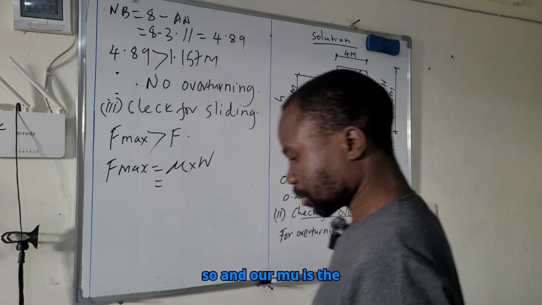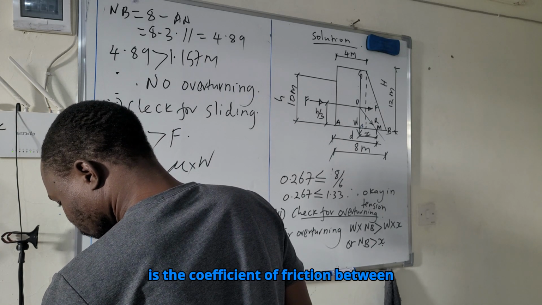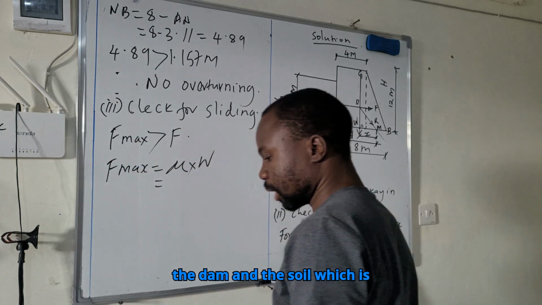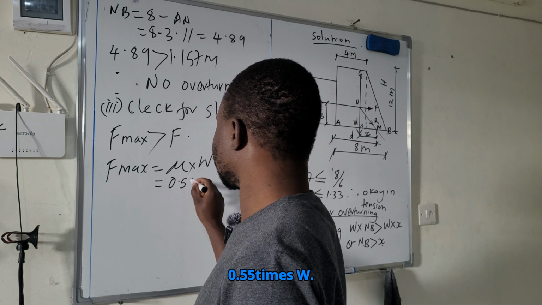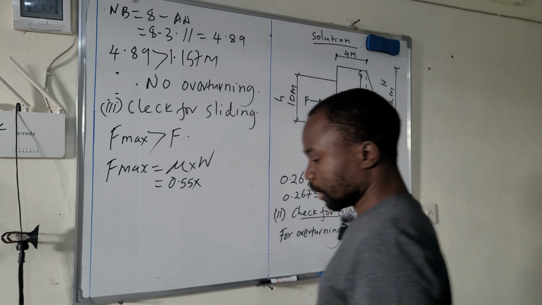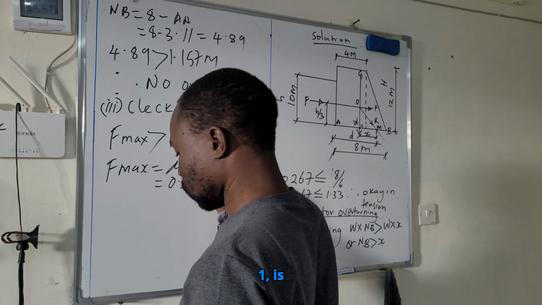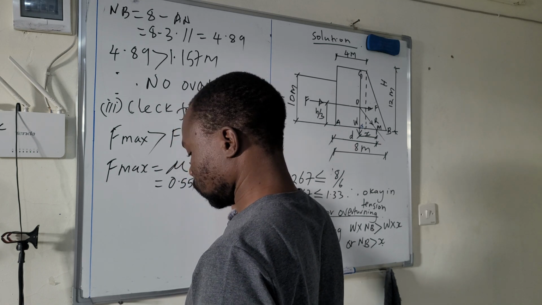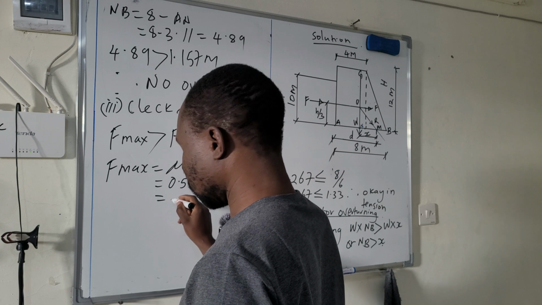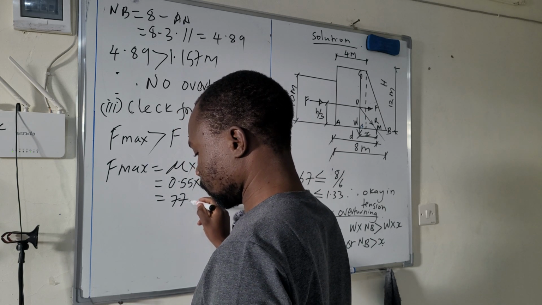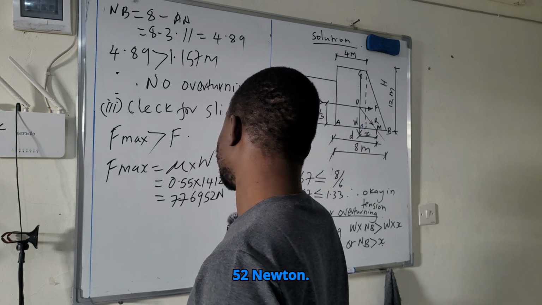Our mu is the coefficient of friction between the dam and the soil, which is 0.55. So 0.55 times W. W is 1,412,640. So you will get 776,952 Newton.